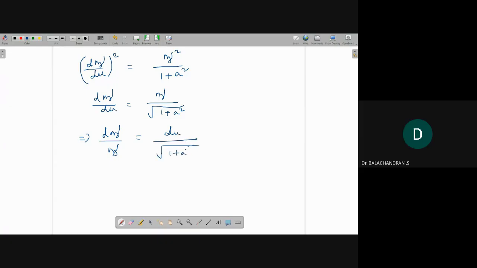Now integrating, we get log z is equal to u by root of (1 + a²) plus b.